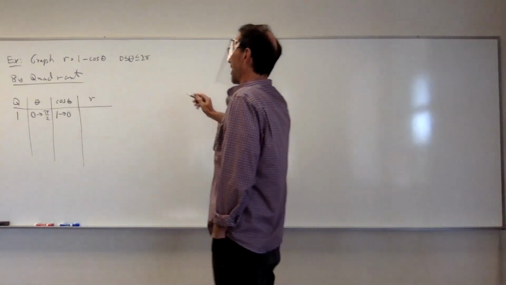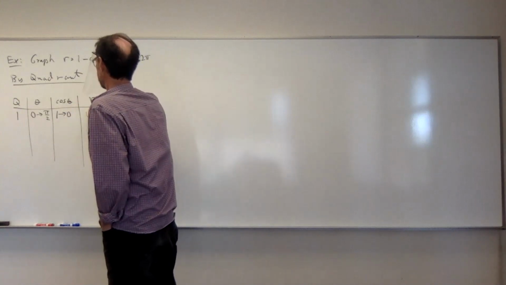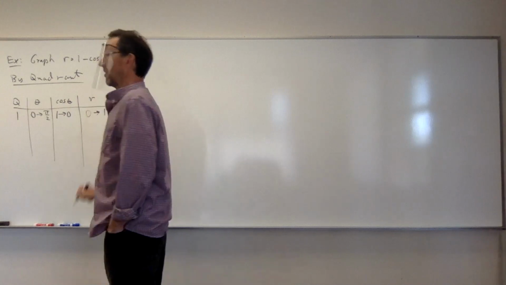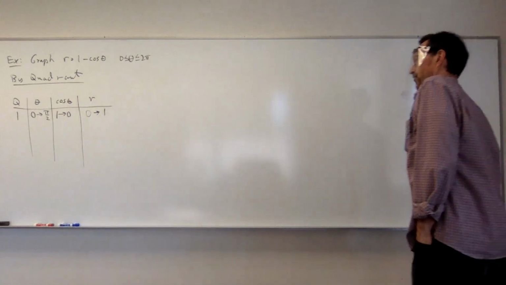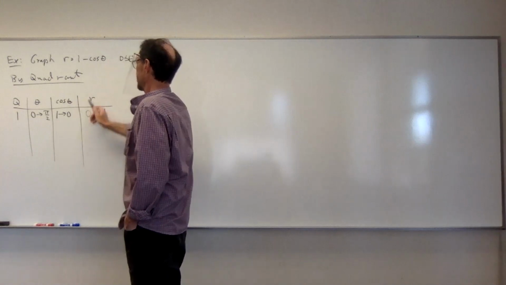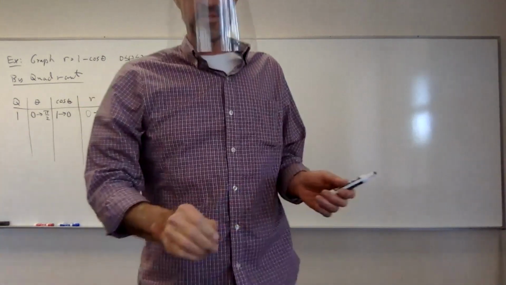And therefore, r, cosine starts at 1, so r goes from 0 to where? 1. Plug in your 1 here, get 0, plug in the 0 here, we get 1. Yeah, I don't know how this is going to work.